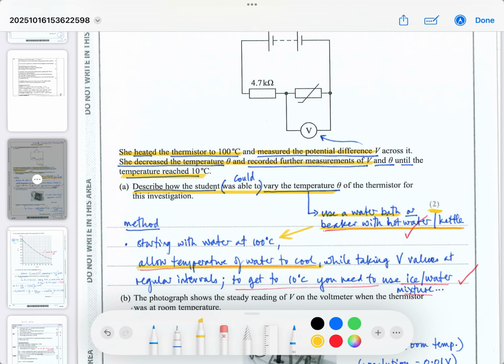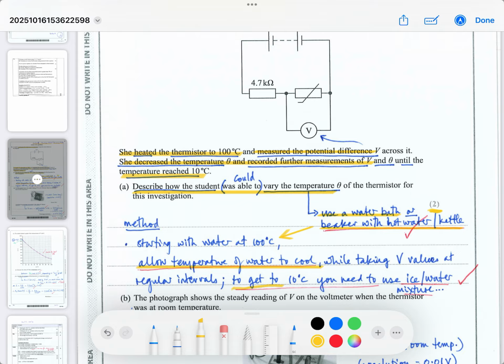So you take the values at regular intervals, maybe every 10 degrees centigrade, and you can speed up the experiment by adding some cooler water and just take a variety of readings to get enough data points to plot a good graph.